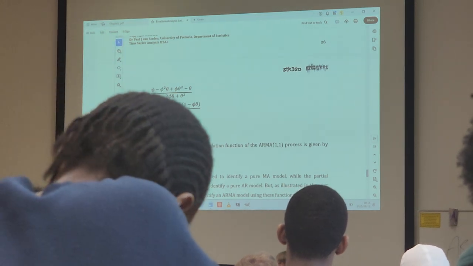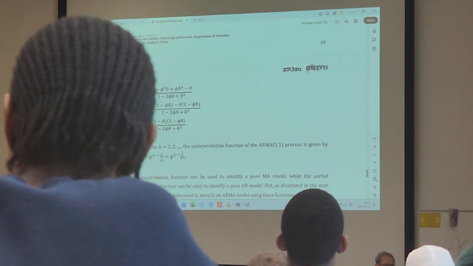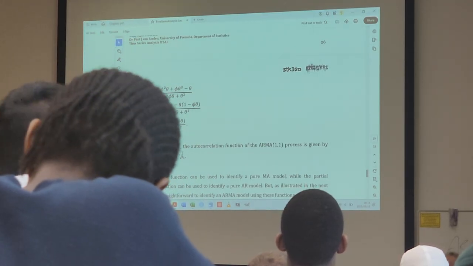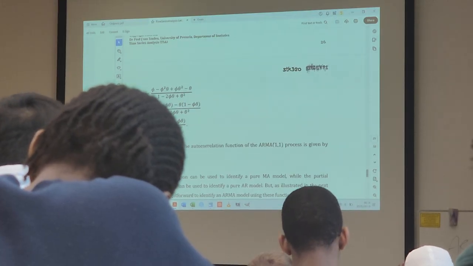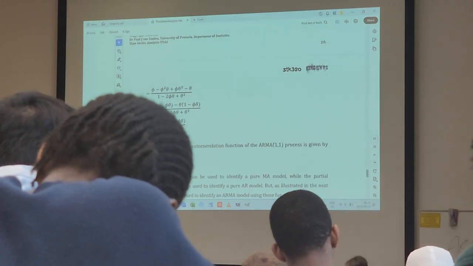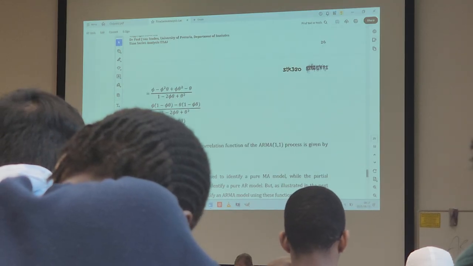So we will get to a way of doing it. But please don't try and use autocorrelation and partial autocorrelation functions when you have mixed ARMA models. They can only be used for pure AR or pure MA. And I will show it to you when we look at the simulated example.